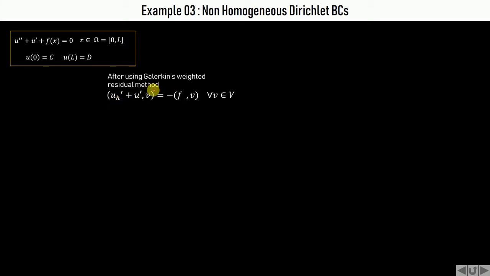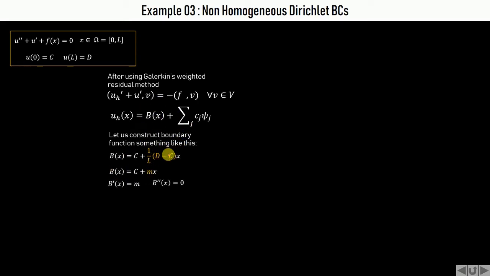So this is what the residual statement is, and UH is now B plus the sum over j of Cj psi j. Now let us construct our boundary function. Let us construct it something like this, okay. You can check that at x equals 0 it is C, and at x equals L it is D, okay.